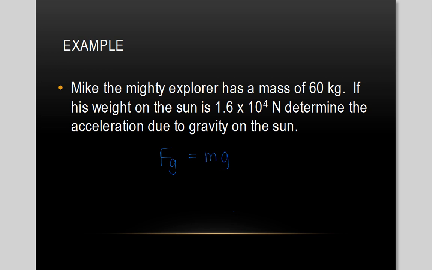Put the force where it needs to go, put the mass where it needs to go, and then you can solve for g. Just so you're aware, that lowercase g is just lowercase a. It's the same letter. If I use g, it's just gravitational acceleration. Okay, so divide out to 60, and you solve for it.